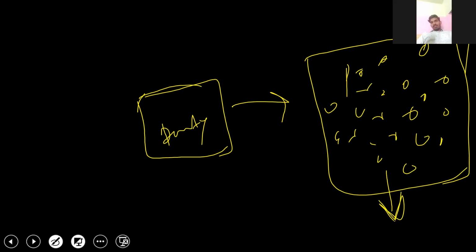So when you compact it, when you bring all those particles together, you can increase its density.